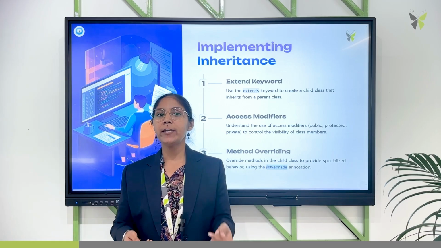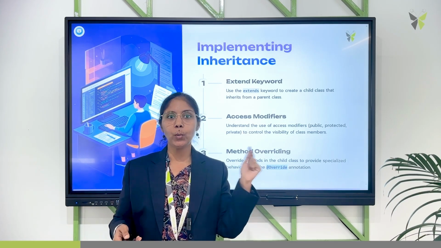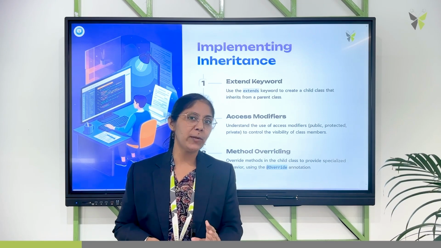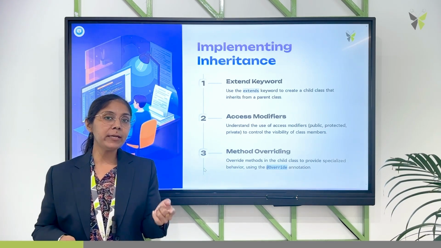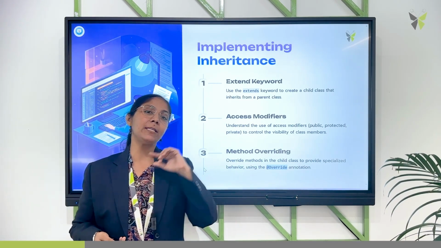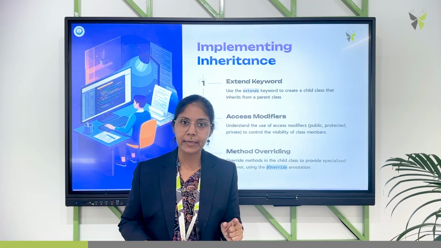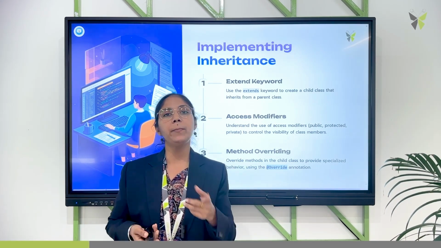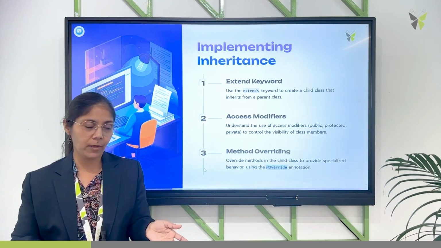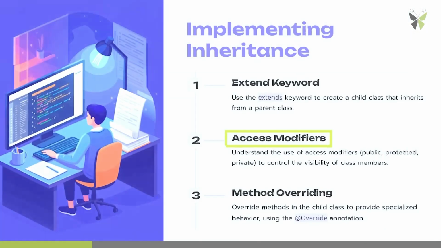Default properties will not get inherited in a different package; only within the package can the default properties be inherited. And if you want to inherit the properties of one package into another package, you will have to declare those members as protected or public, because public members can be inherited anywhere. Access modifiers, that's the reason, play a very important role.